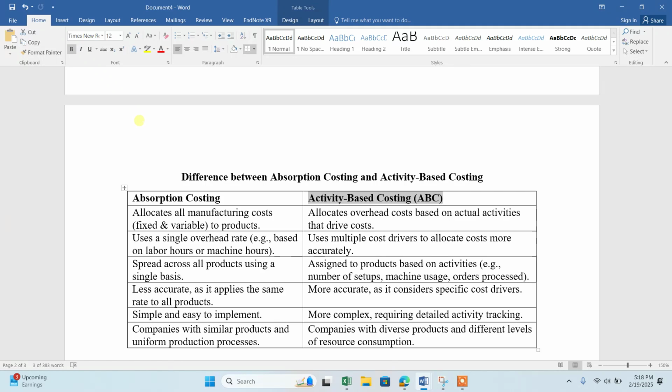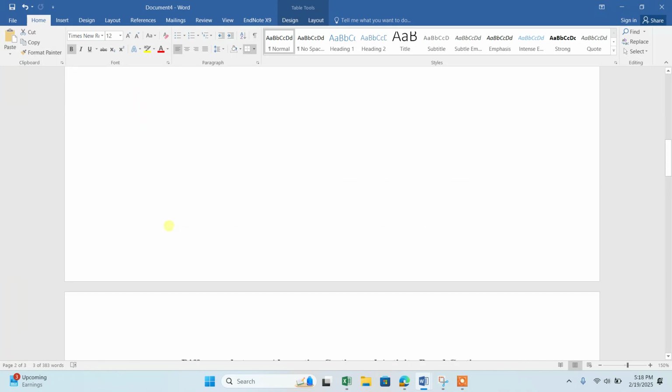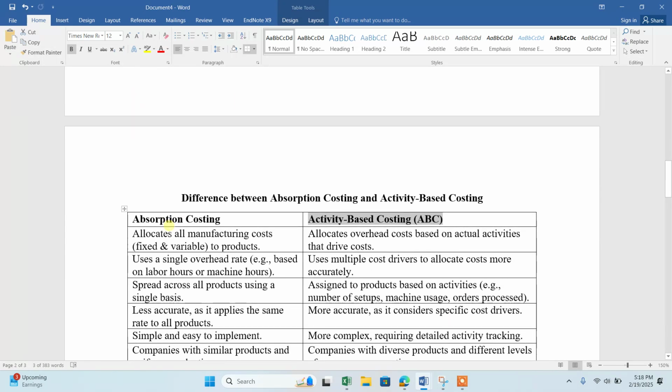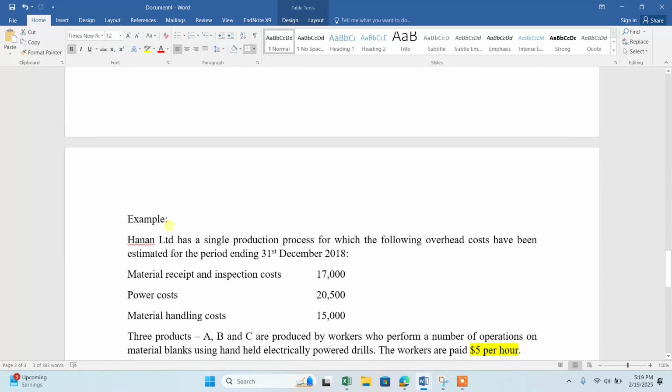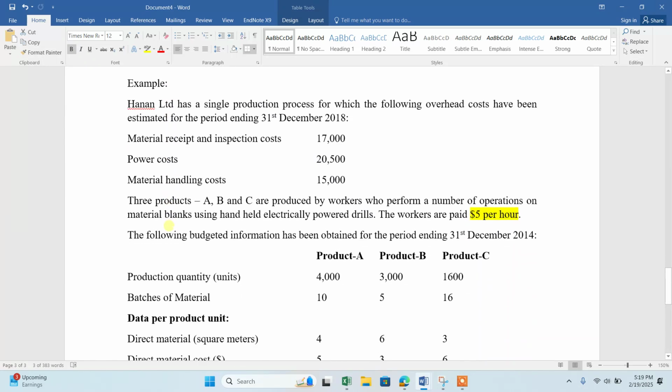If your production process is more complex and more activities are involved, then my dear, activity based costing will be better to use. I'm not going to discuss too much theory. Let's start the question, and while solving it, I will also be discussing the difference between these two.